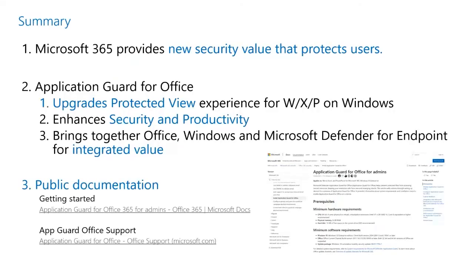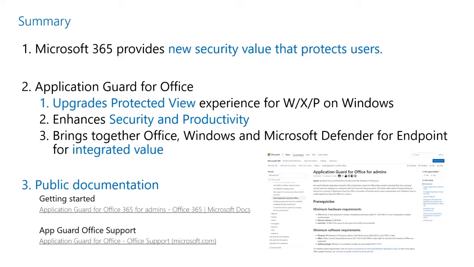And with that, we arrive at the summary of this webinar. What we have seen here is the new capability from M365 called Application Guard for Office, which unlocks new security and productivity value for protecting the user. It's a seamless experience, and it's actually an upgrade over Office Protected View.